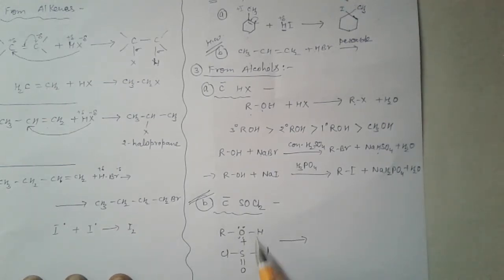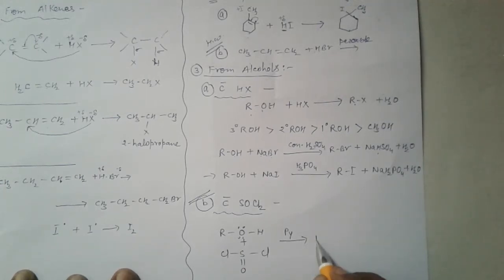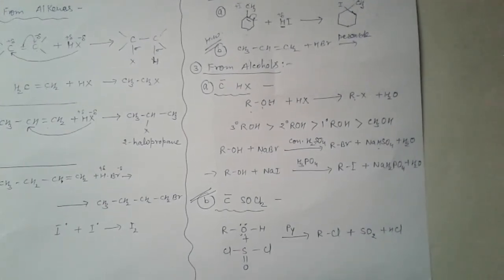When alcohols react with thionyl chloride in presence of pyridine, molecular formula of pyridine is C5H5N, then alkyl chloride is formed and byproduct SO2 and HCl is obtained.